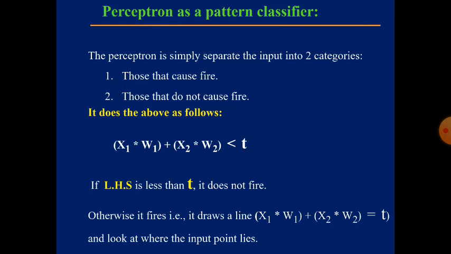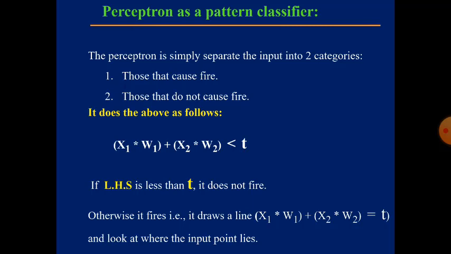If we calculate the summation x1w1 + x2w2, and that value is greater than t, then automatically the neuron will fire; it will be in the active state, or it will be activated. If the value is less than the threshold value, then that neuron will be in an inactive state; it will not fire. That's what the author is telling. If the LHS is less than the threshold value, then it will not fire, otherwise it will fire.